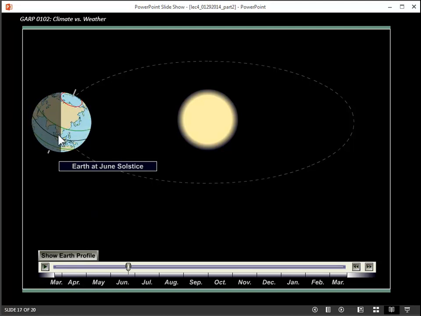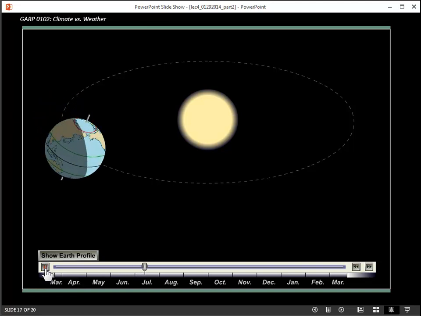You can see that the tilt of the axis is such that the northern hemisphere is tilted towards the sun. The southern hemisphere is tilted away from the sun. There's more sunlight in the northern hemisphere. We have summer. There's less sunlight in the southern hemisphere. They have winter. Now watch as that tilt remains constant as the Earth orbits from June into September.